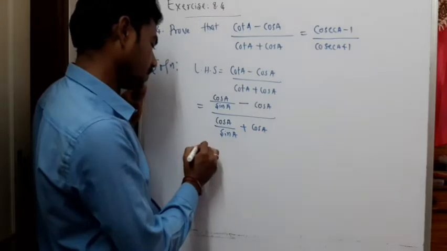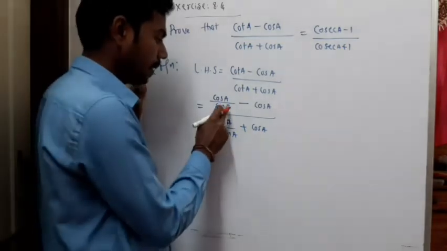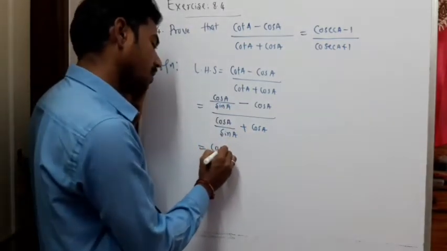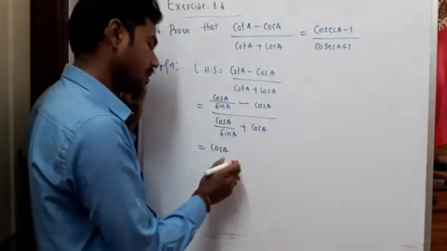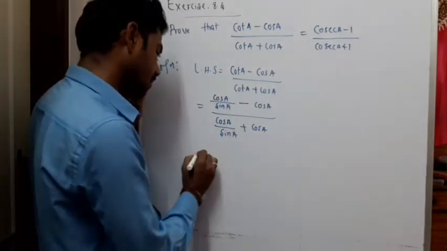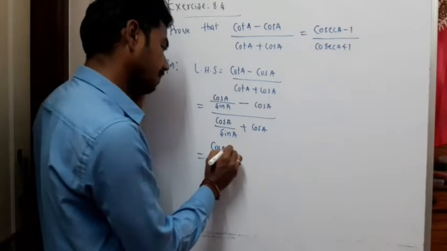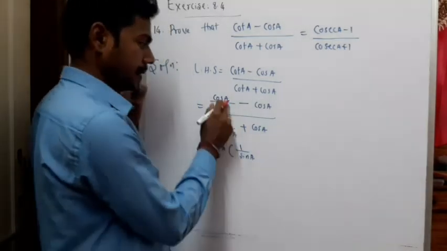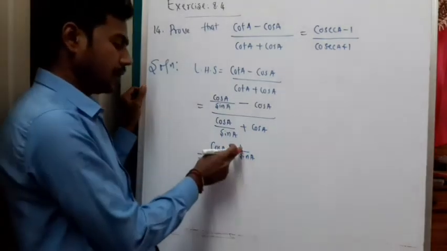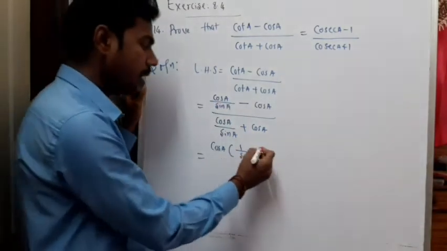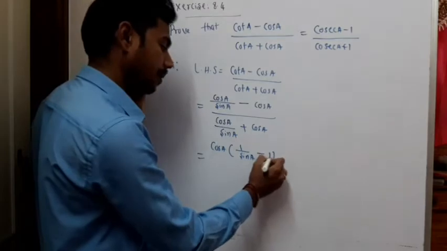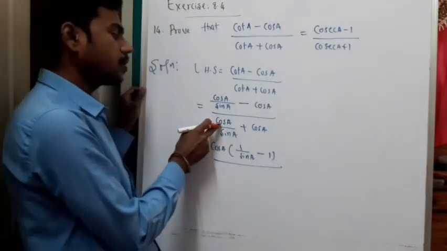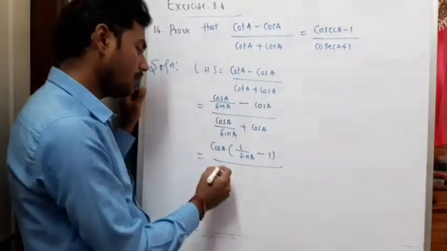Okay. Now we will take cos A common out. Cos A is there, cos A is there. In the numerator, we will take cos A common out. What is left? 1 by sin A minus 1, divided by, now here also I will take cos A common out.